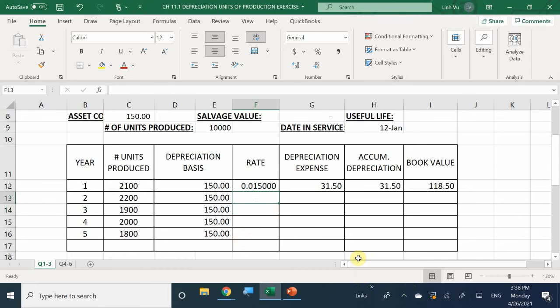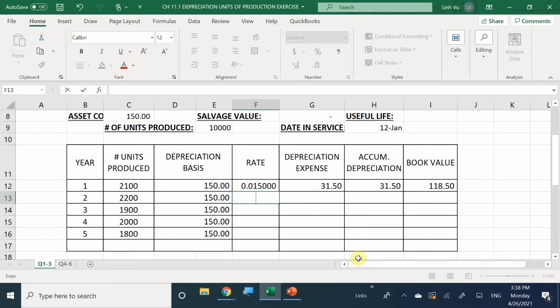What else? Okay, so what's my per unit rate for the second year? 7 cents. Let's try again. What number are you using? The 150 divided by the 2200.